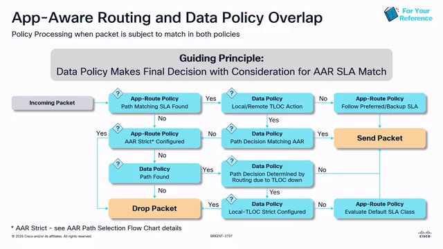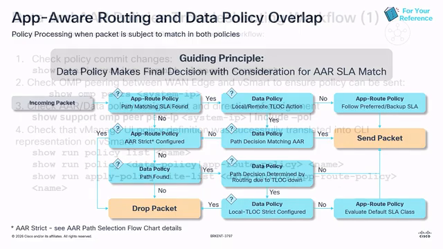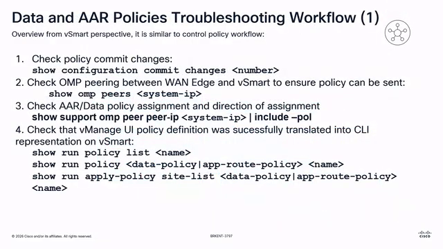The guiding principle, if we don't go into details of all of this, is that data policy will try to take into consideration the application routing decision if possible. This is what can be done. So you should remember this part for sure, and if you have any doubts on how exactly interoperability between data and application routing policy works, you just follow this workflow and you will understand what is going on here.